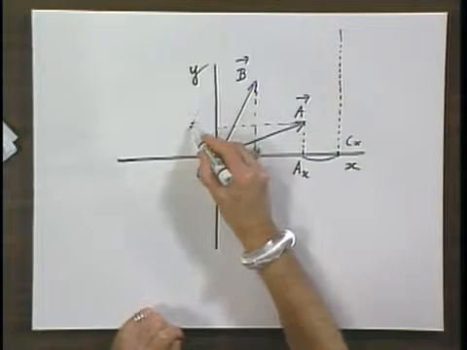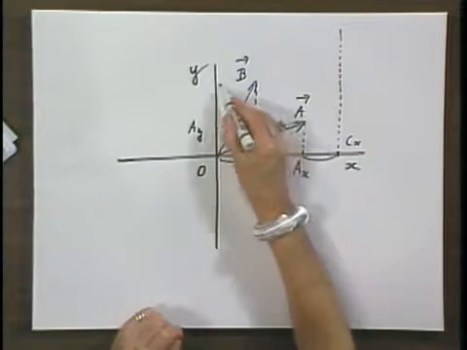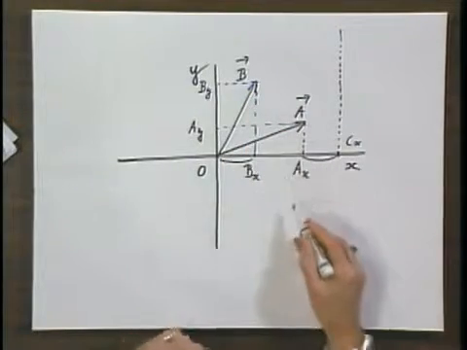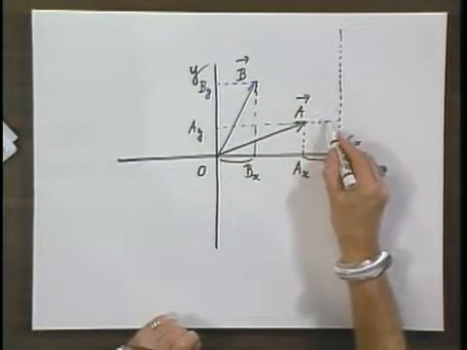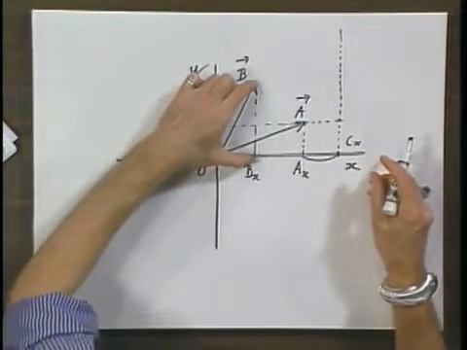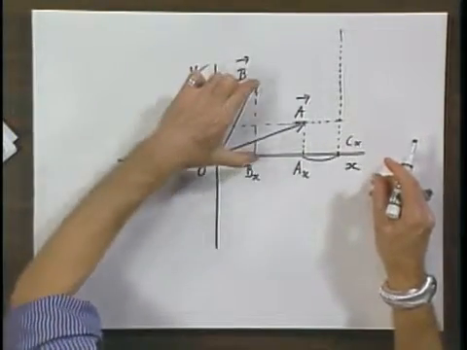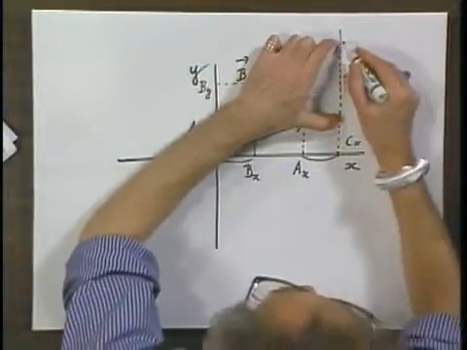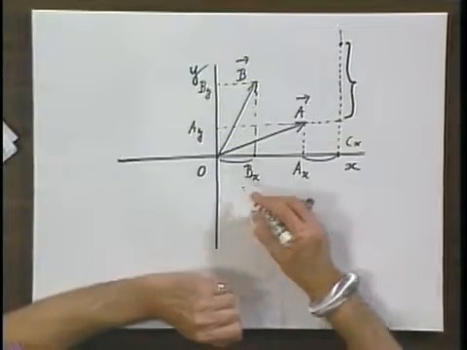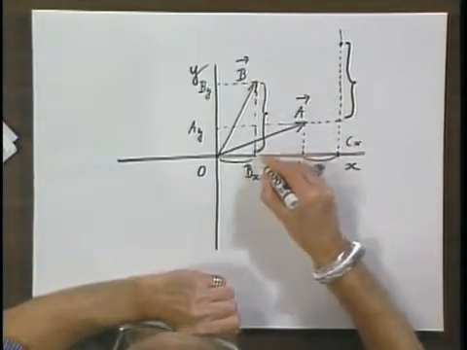This component is a of y, and this component is b of y. Now I know that the y component of c must be a of y plus b of y. So I take this part and put it right on top of here, so that this has the same length as this.